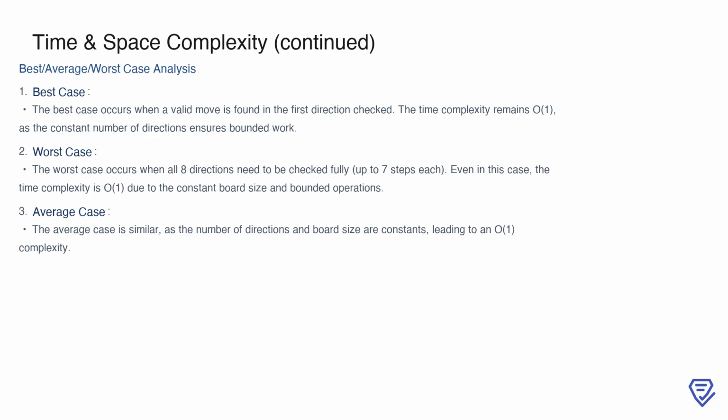In the worst case, all 8 directions are fully explored, with each requiring traversal of up to 7 steps. Despite this, the time complexity remains O(1), because the operations are bounded by the constant size of the board. Similarly, the average case is unaffected, as the number of directions and board size do not vary. This consistency across all cases highlights the robustness of the function's performance.